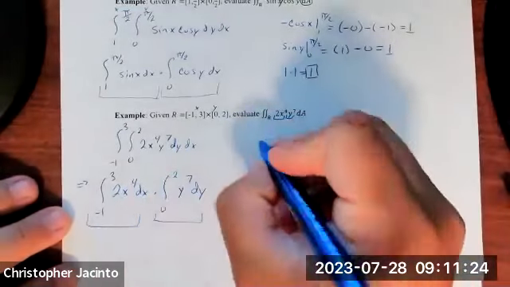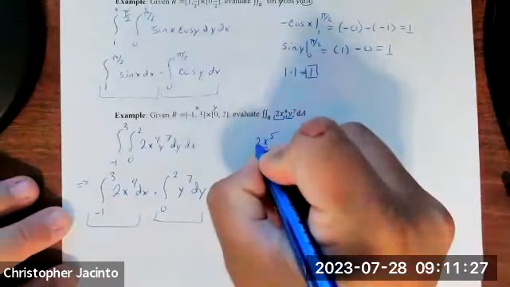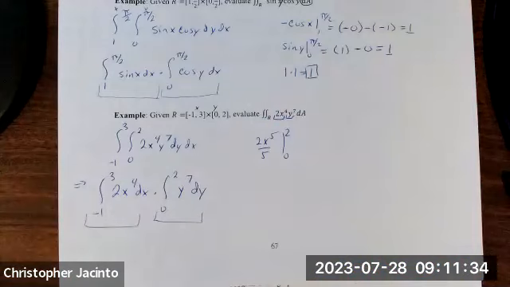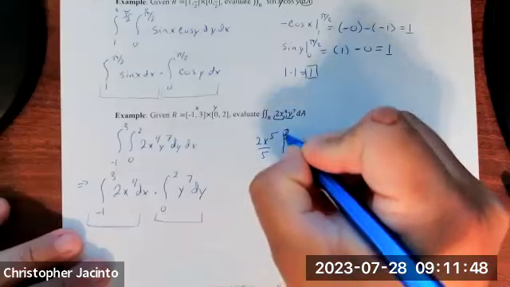So this is just going to be x to the 5th over 5 times 2, evaluated at 0 and 2. So again, 0 just goes. Oh wait, what am I doing? This is a 3. Looking at the wrong one.